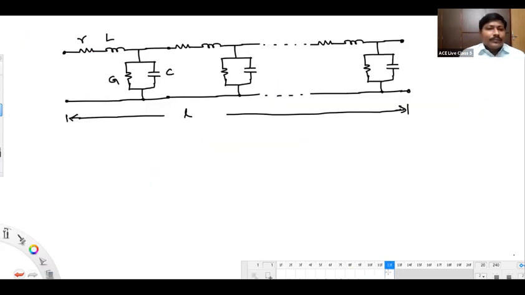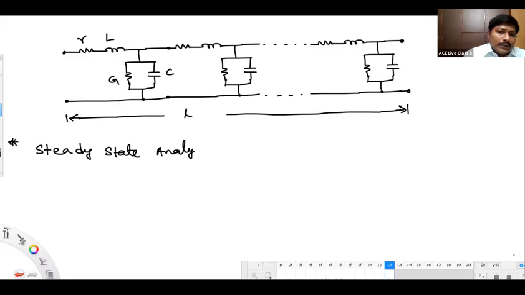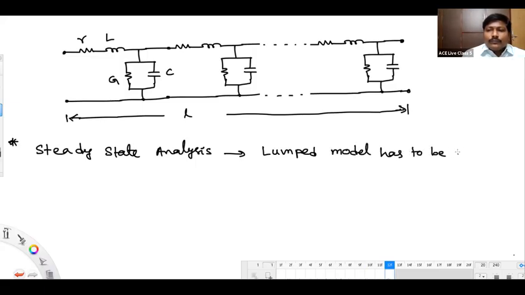I can say here, for steady state analysis, the lumped model has to be used. Second one, transient analysis: we have to use a distributed model.